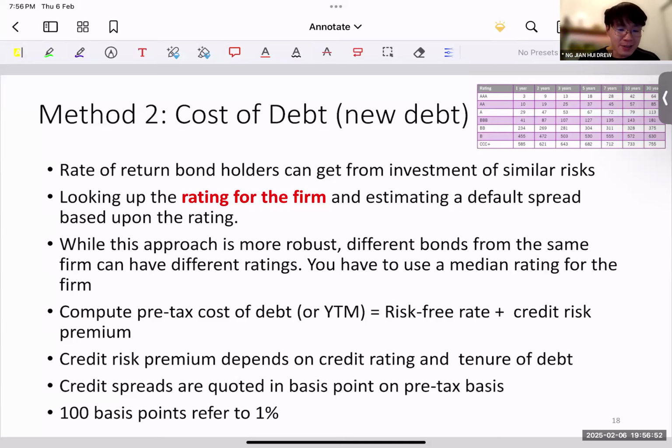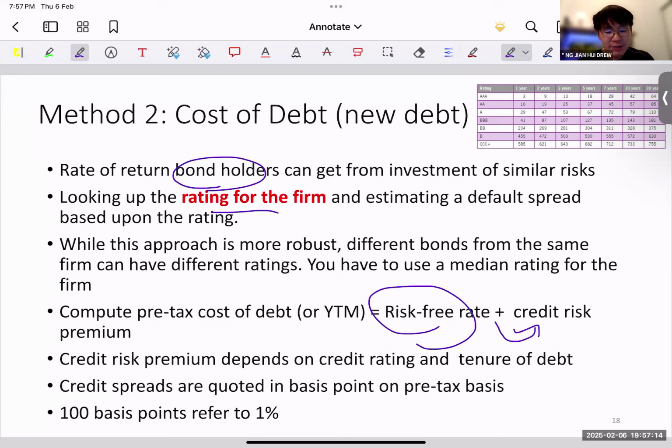Now, if you want to use method two, which is more on the new debt, what you can do is try to determine a bondholder of a similar risk level. You look at the firm's rating, and then we determine the cost of debt by first taking the risk-free rate plus any additional credit risk relating to bonds.